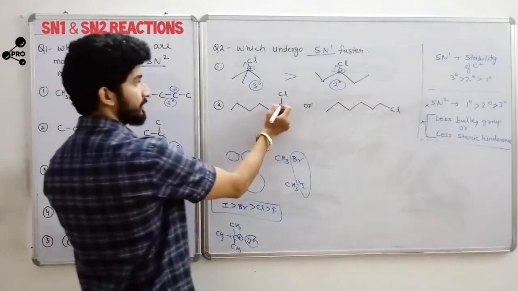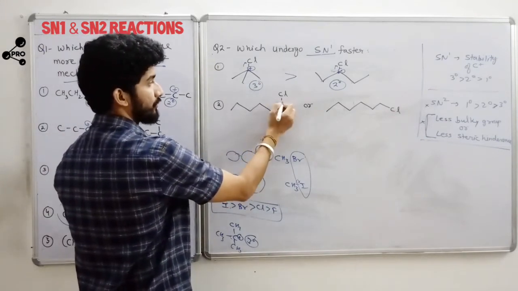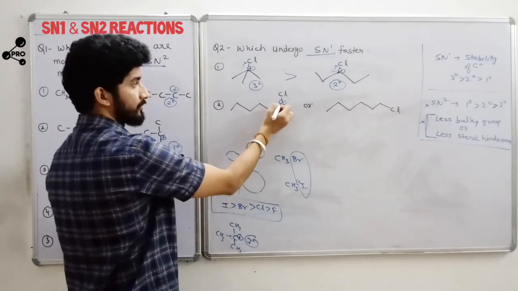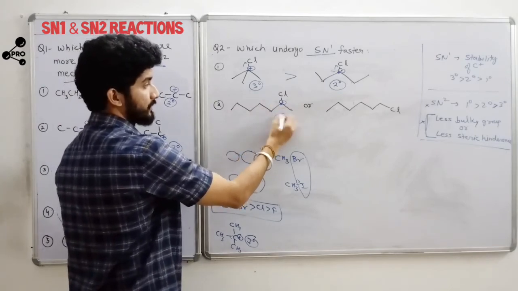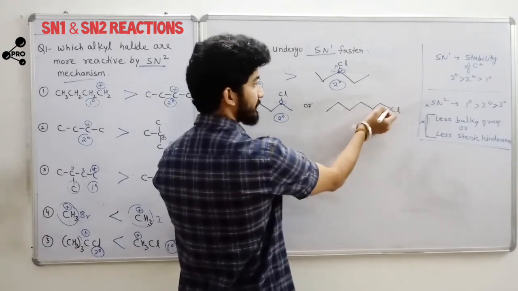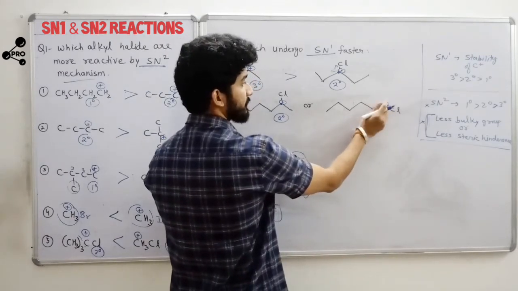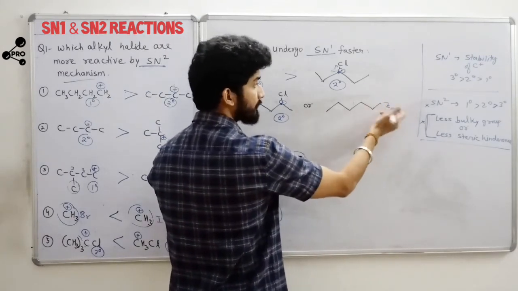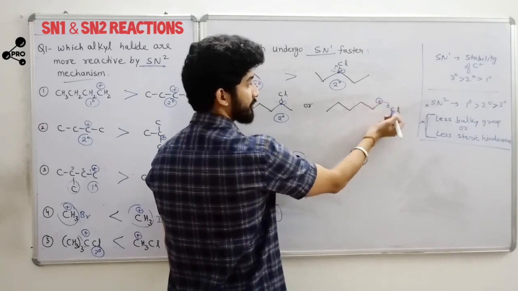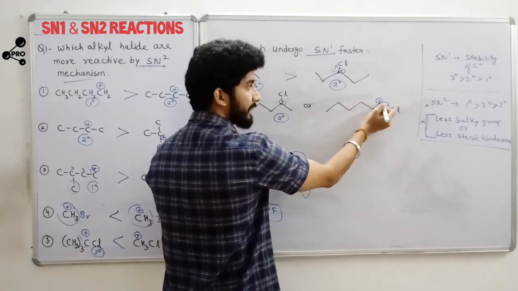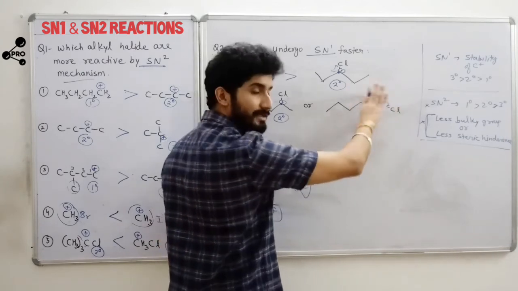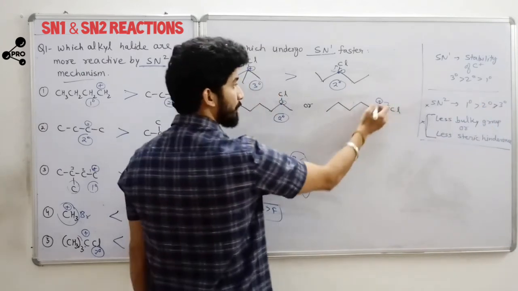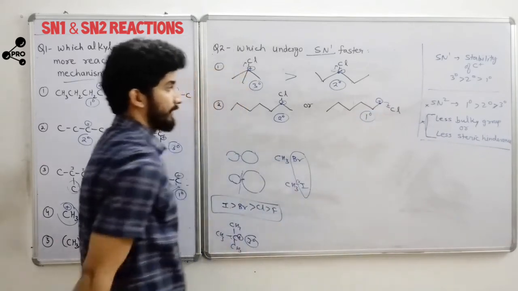In a similar pattern, when chlorine is removed we get a positive charge over here, on a carbon directly attached to 2 carbons, so it is a 2 degree carbocation. In this other case, chlorine is removed from this carbon, so this carbon carries the positive charge and is directly attached to only one carbon, because on this side the chlorine was replaced, so it is a 1 degree carbocation.